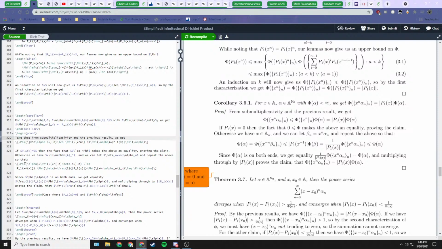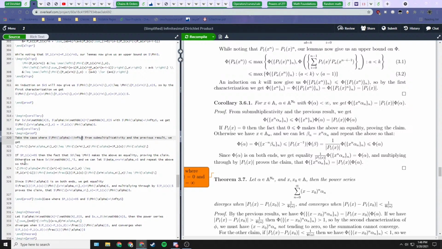Take the case where phi of alpha is less than infinity, and we'll remove this from our conditions.